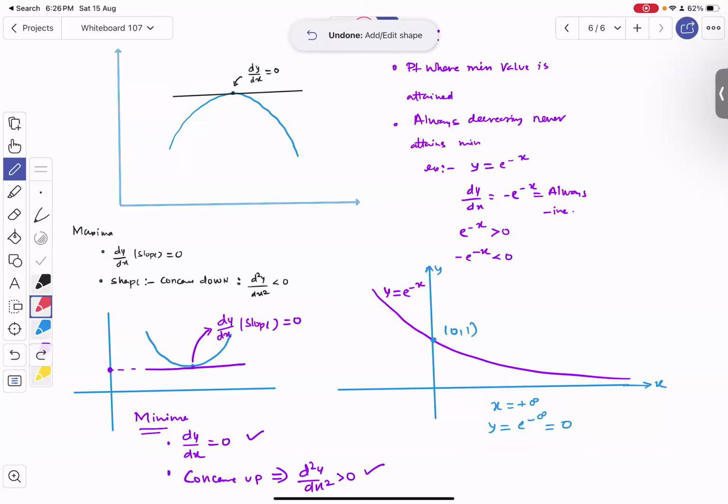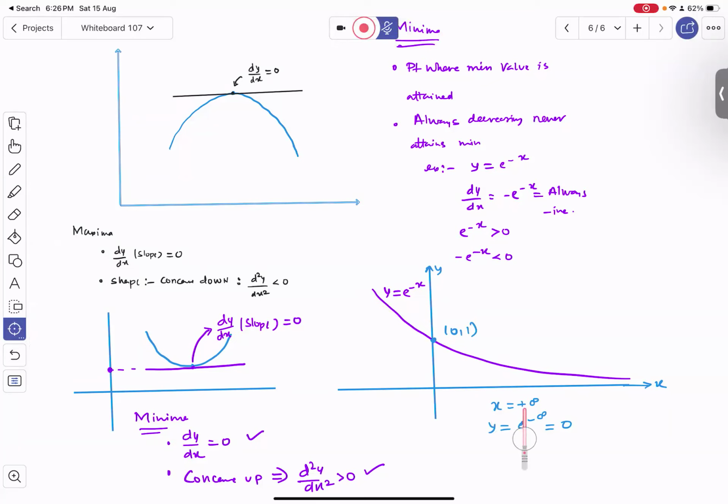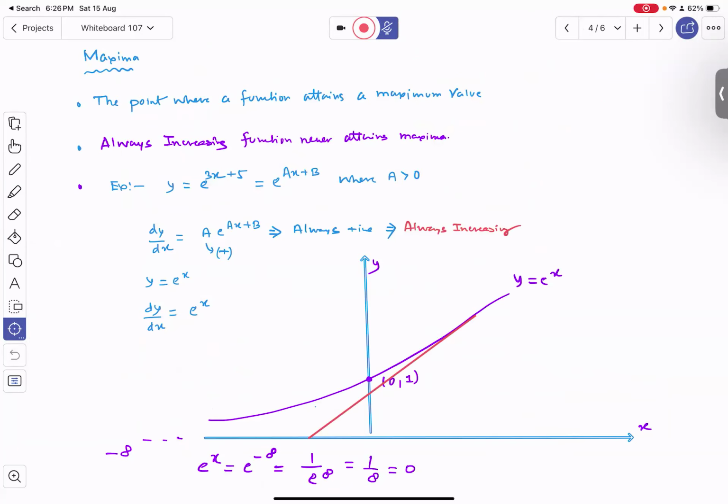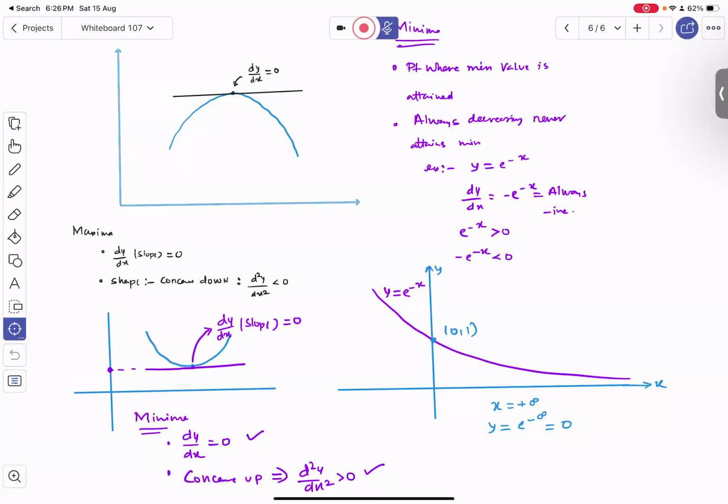As I give it an input which is very, very large, meaning x equals plus infinity, what will y become? Minus infinity. e power minus infinity, what is it? 0. If I give x to be minus infinity, it becomes 0. But here it is y equals minus e power minus x.